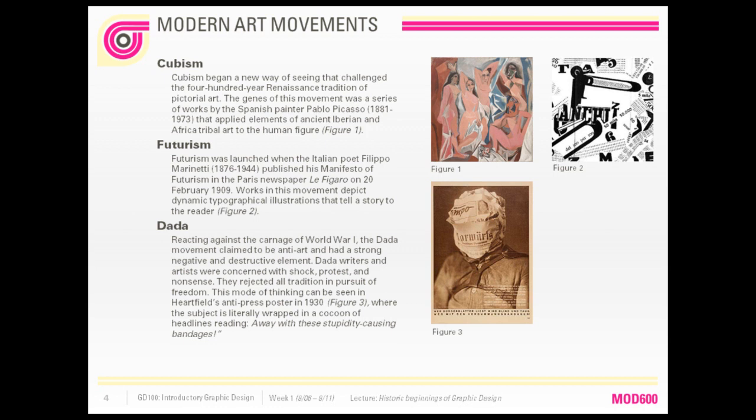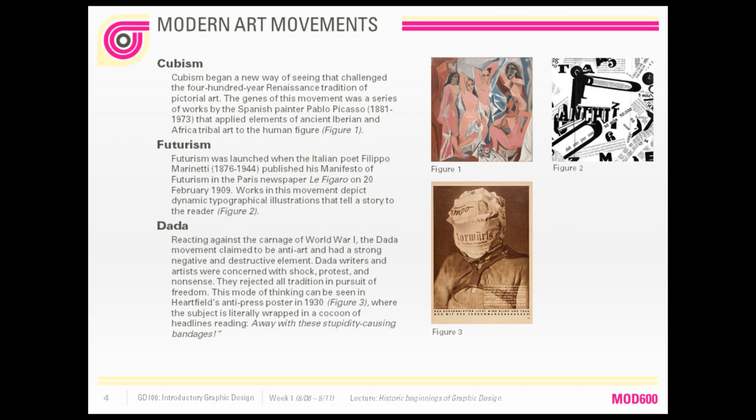There is more to it. Cubism applied elements of ancient Iberian and African tribal art to the human figure, and it was more about creating the mood than simply representing the form.